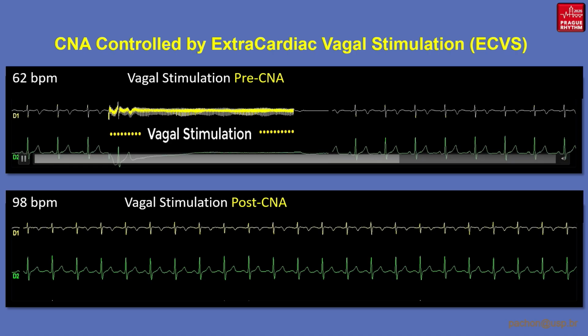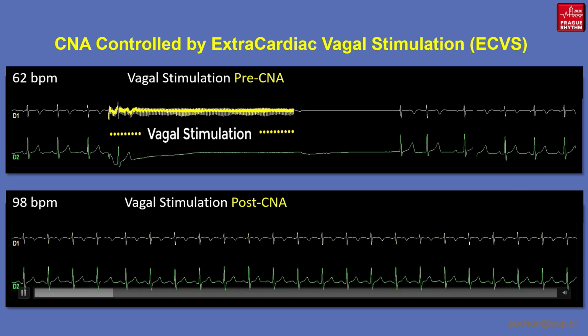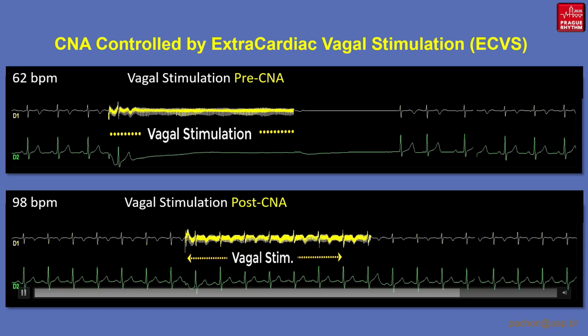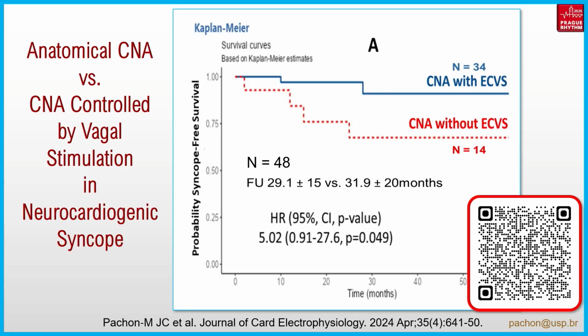It is the same sinus arrest we observed during the head-up tilt test in cardioinhibitory syncope. And after cardioneuroablation, the same stimulation shows that there is no more vagal effect. There is no more asystole, no AV block.